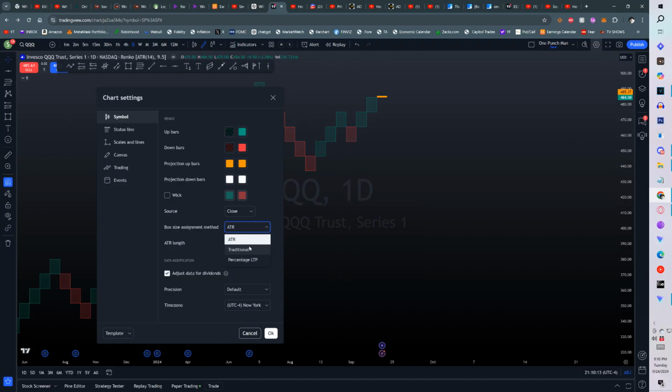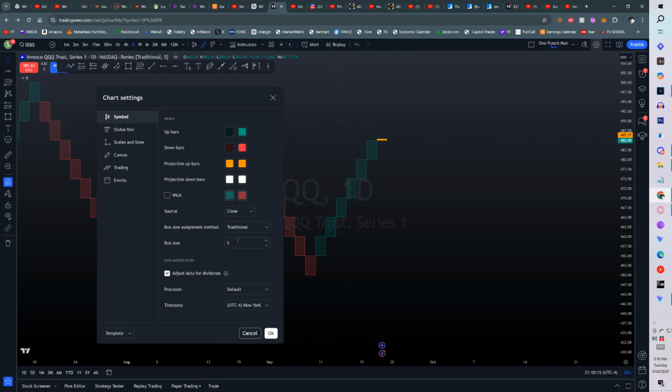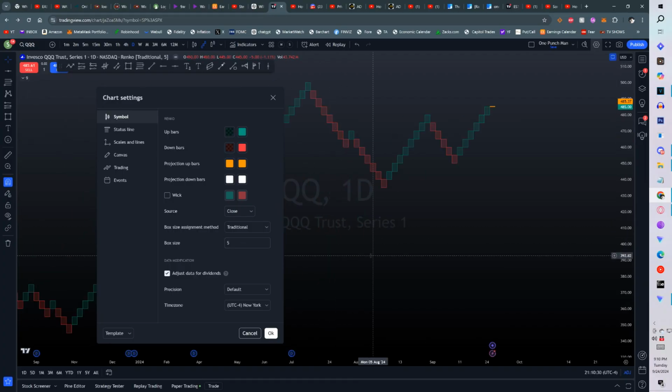And you also have the traditional. The traditional just simply means, imagine ATR controlled, like you're controlling the ATR. So this box size could be, let's say, every $10 or every $5 a new block will be formed, right?